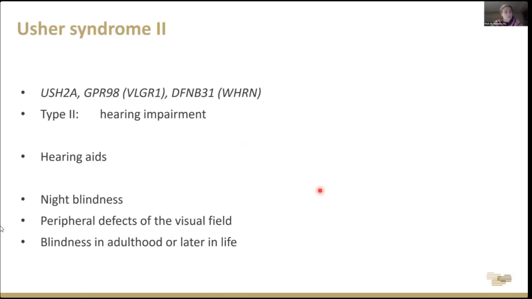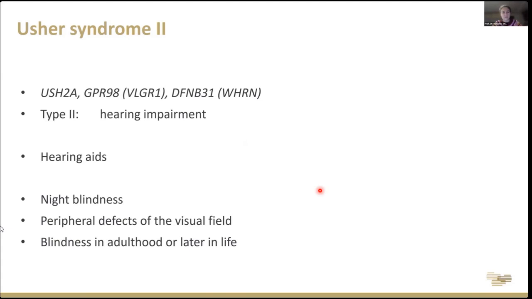In contrary, Usher syndrome 2 is the less severe one. We know here mostly 3 genes which are associated with this subtype of Usher syndrome, and on the hearing side we have a hearing impairment that can be very light or can be close to deafness.